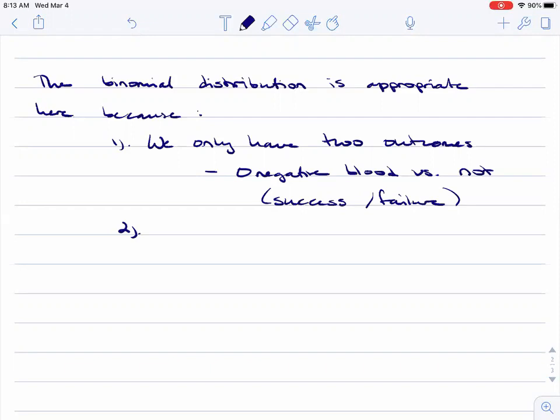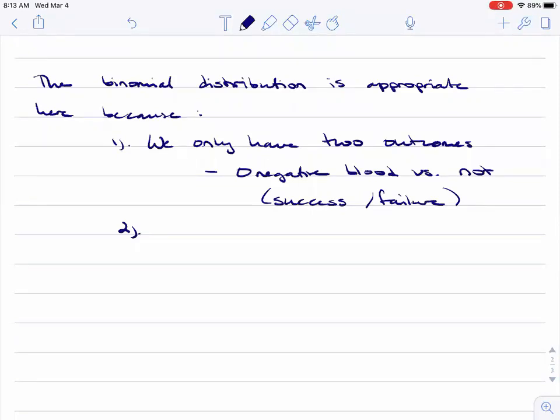The second thing is that each of these outcomes have to be independent of each other. My blood type, I can reasonably say, is independent of all your blood types, and so on and so forth, unless we're talking about maybe siblings or whatever. But if we've taken a random sample, there's no reason to think that we're going to have dependence between our blood types.